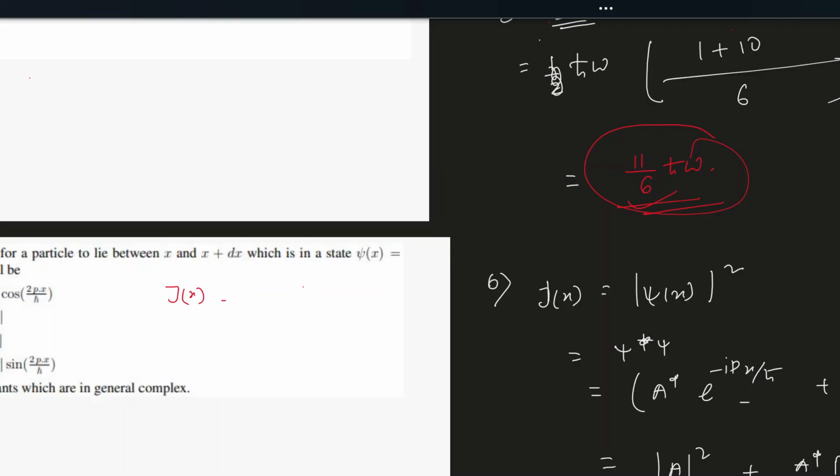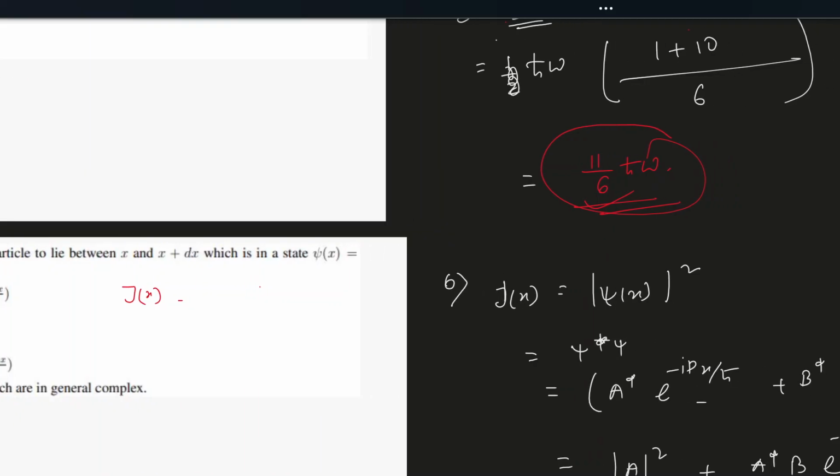if you think of it, this is only the magnitude, mod a mod b, and the second part also has mod a and mod b, so we can take them as common. So this is e to the power of i into 2px by h cut plus e to the power of minus i into 2px by h cut. And because this is a similar form, e to the power of i theta plus e to the power of minus i theta by 2 is equal to cos theta, right?